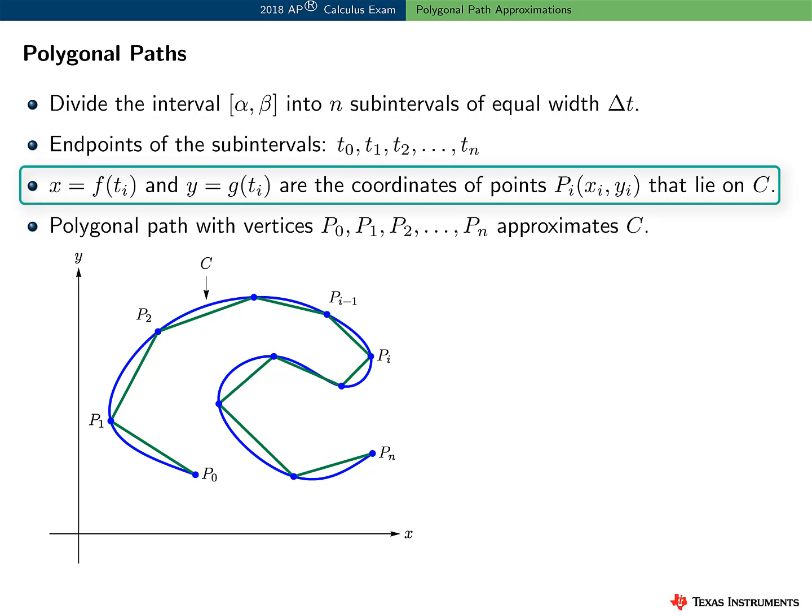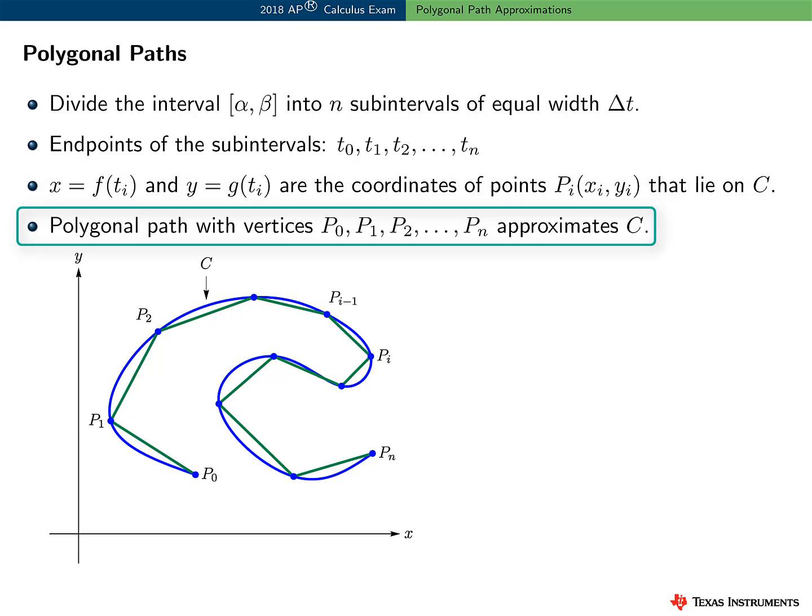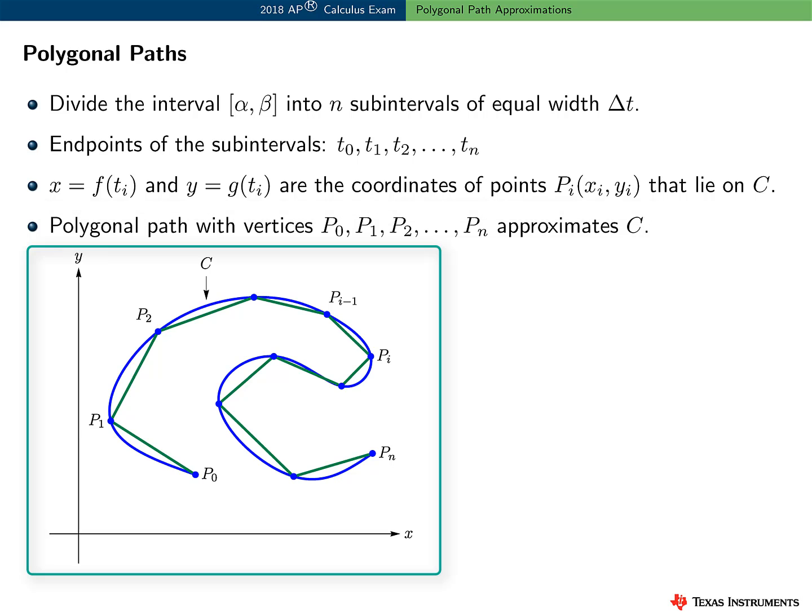Then x equal f of t sub i and y equal g of t sub i are the coordinates of the points p sub i that lie on C. The polygonal path with vertices p0, p1 down to p sub n approximates the curve C, as shown in the figure. And since we can find the straight line distance between 2 points, we can now find an approximation to the length of the curve.